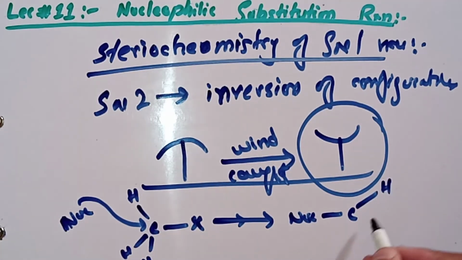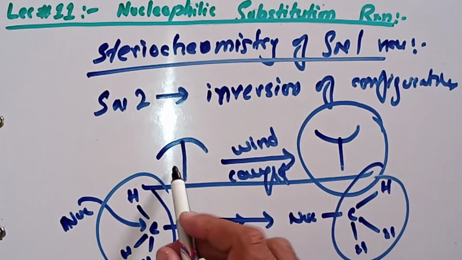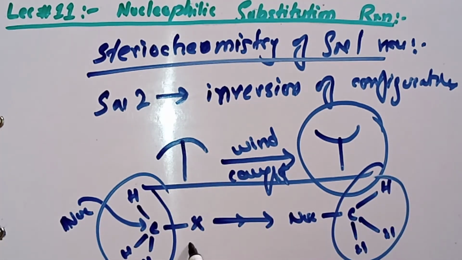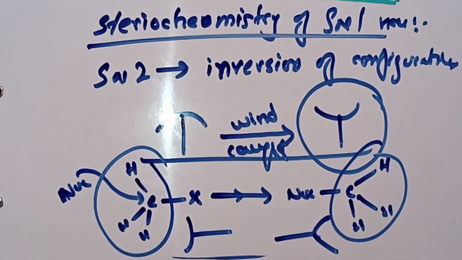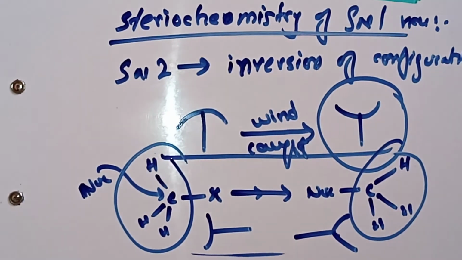So it becomes inverted, like the umbrella. Before it was like that, but here it becomes like that. So this is called inversion.